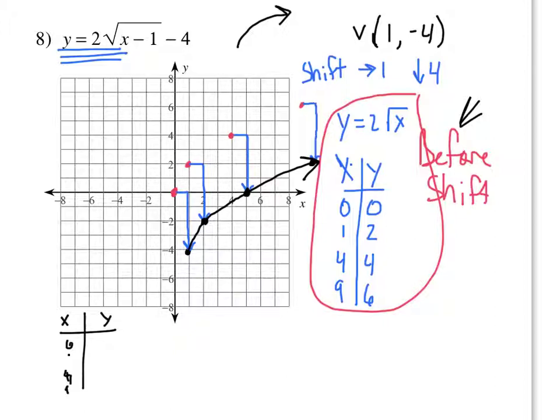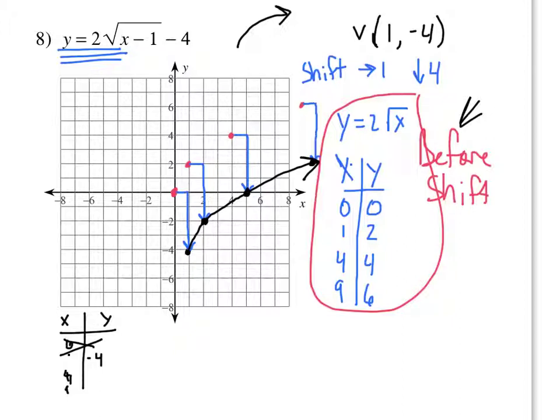So I've got to take the square root of negative 1, which is i. That's an imaginary number. I can't plot an imaginary number, so I can't do that one. What if I plug in 1? What's 1 minus 1? 0. I can take the square root of 0. That's 0. Then 0 times 2 is 0, and 0 minus 4 is negative 4. So I can do that.